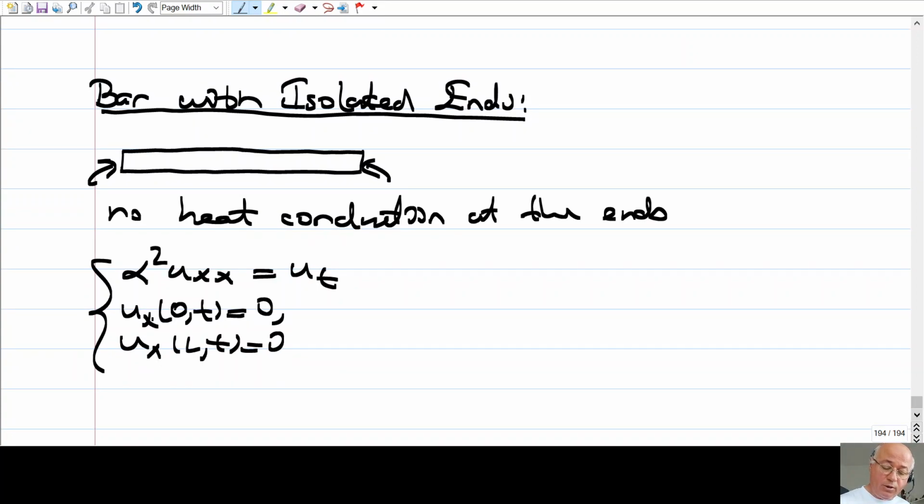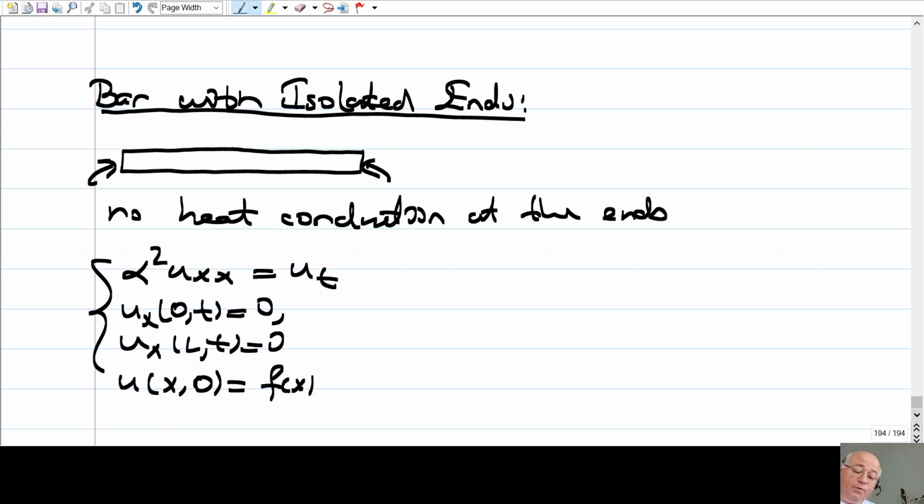So the mathematical expression for this physical situation that there is no heat conduction at the ends is this: x derivative of u at the ends are 0, and let's say again I have initial temperature distribution.